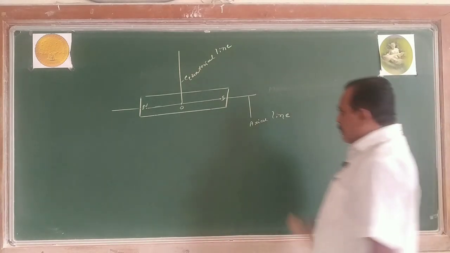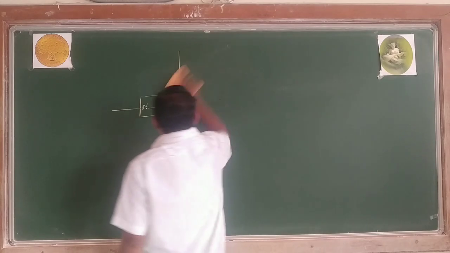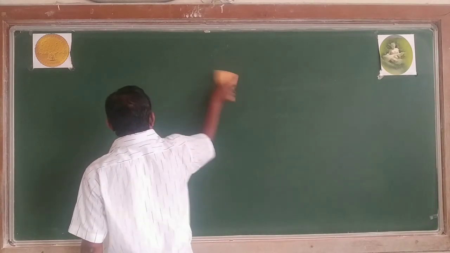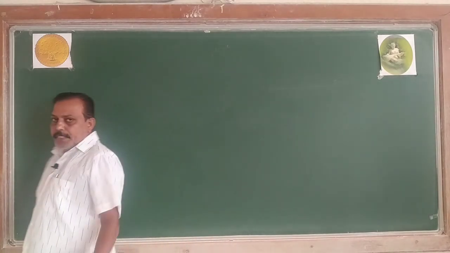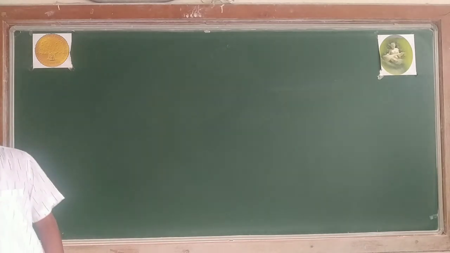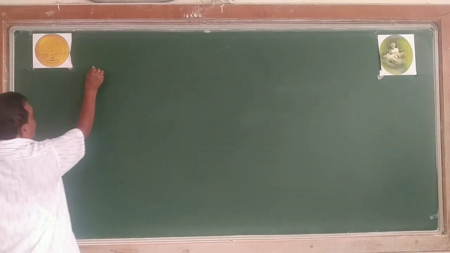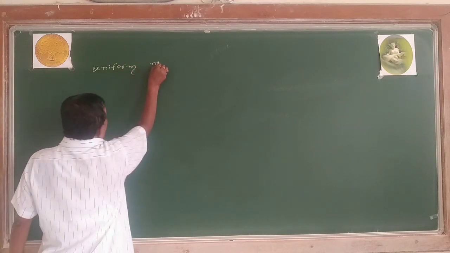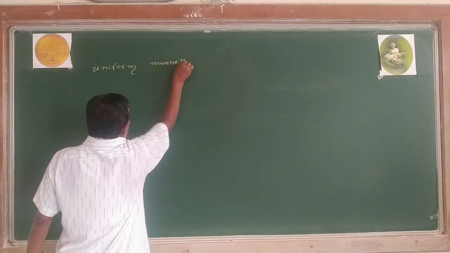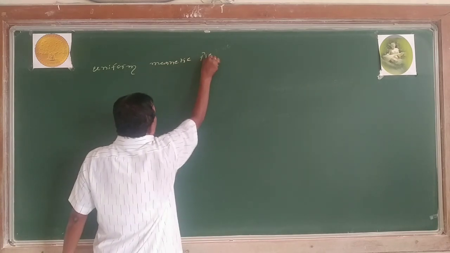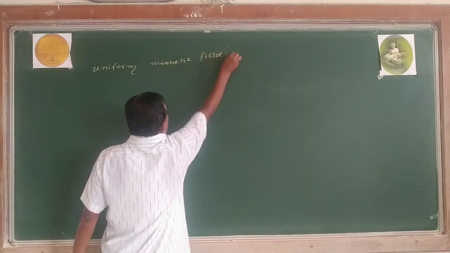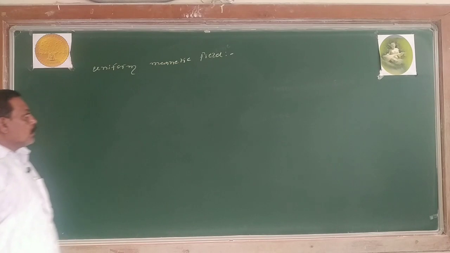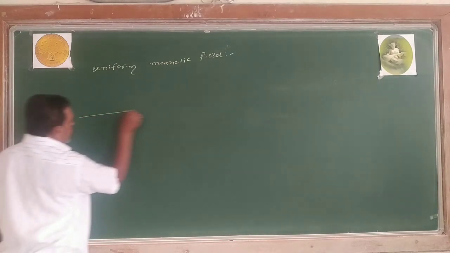Then I come across the representation of the magnetic field. Which kind of magnetic field? Uniform magnetic field. These are the three representations.